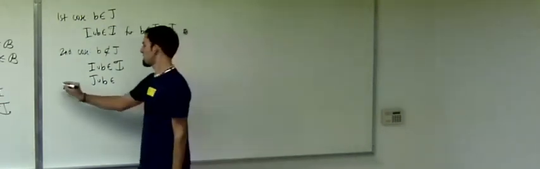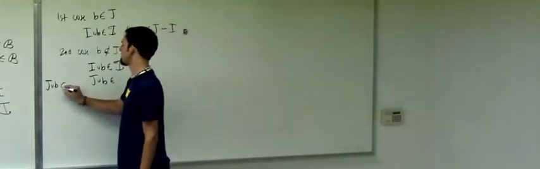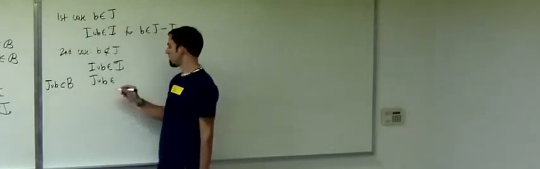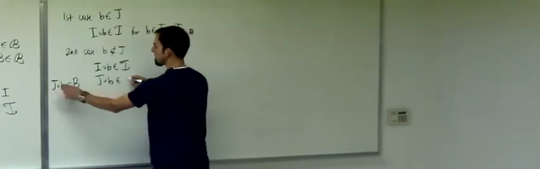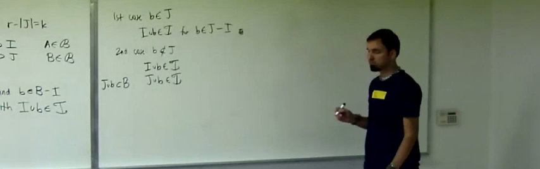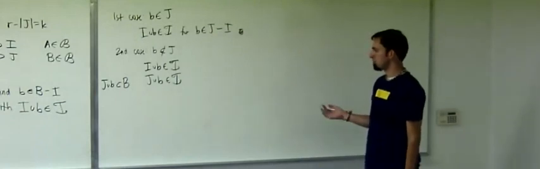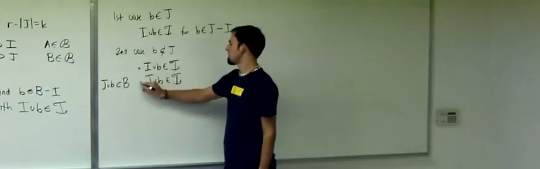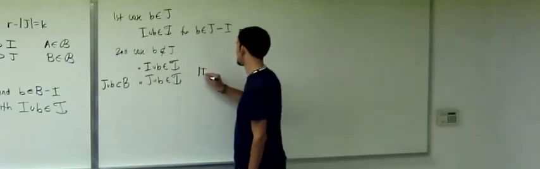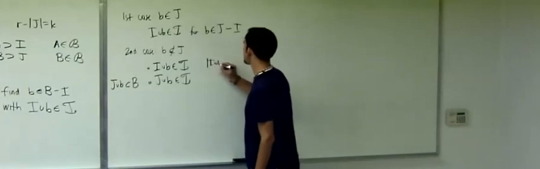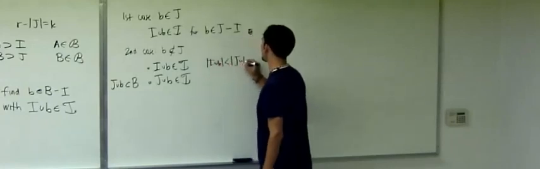Well, because J union b is a subset of B. J is in B, and little b is in B. So J union b is a subset of a set in B, therefore it's in I. But what happens? Now I have these two guys. I have that the size of I union b is smaller than the size of J union b.